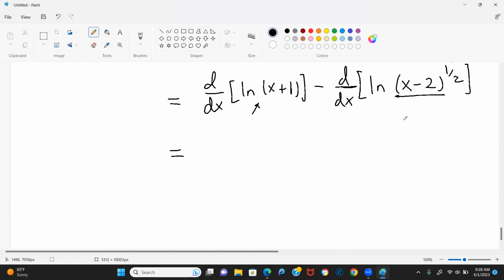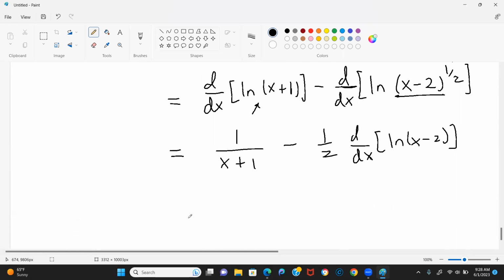So the derivative of ln of (x plus 1) is 1 over (x plus 1), and then minus 1/2 times the derivative of ln of (x minus 2), which is 1/2 times 1 over (x minus 2).